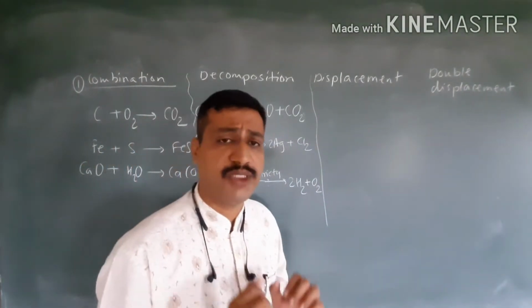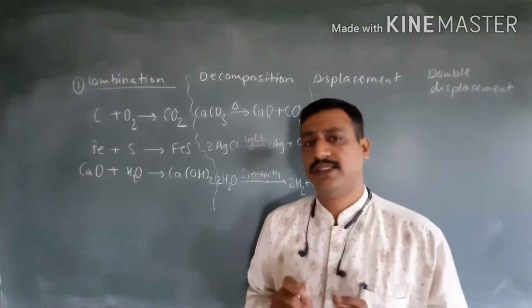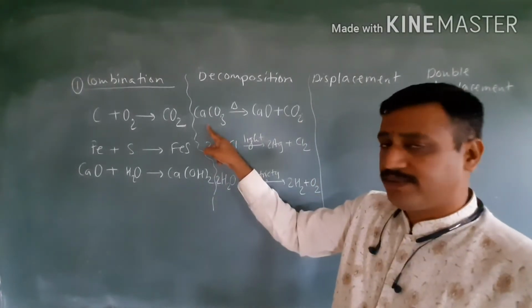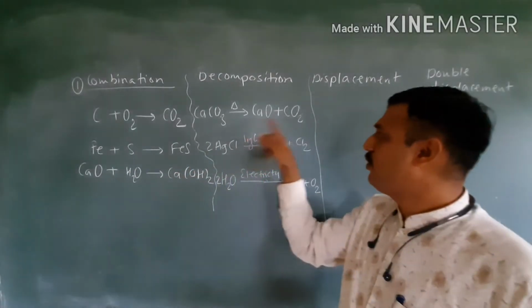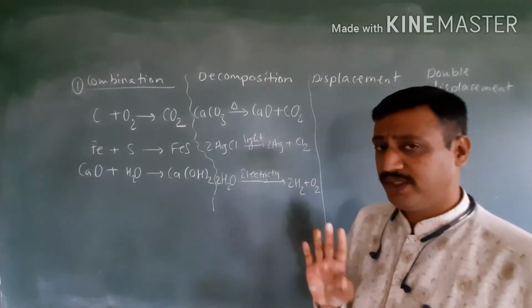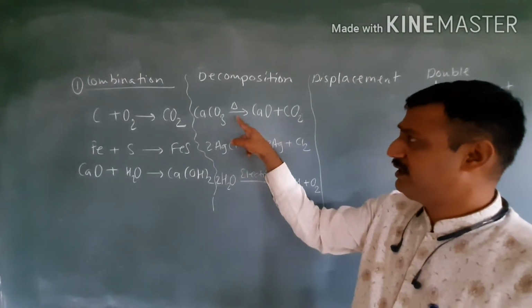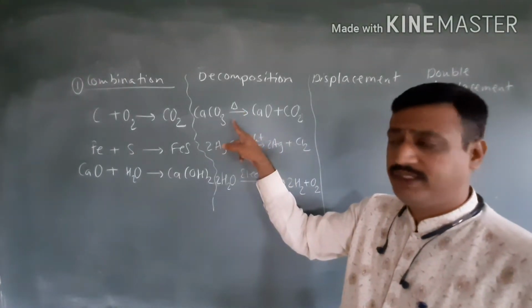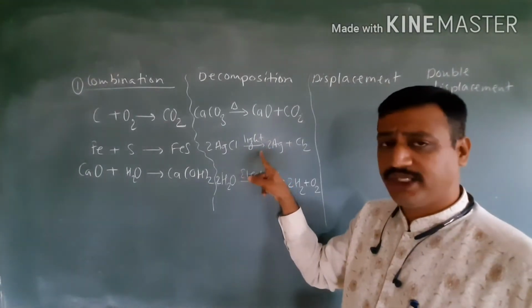So what are decomposition reactions? Decomposition reactions are the reactions in which a single substance decomposes, splitting up into two or more substances. And one more thing, if the decomposition is carried out with heat energy, it is thermal decomposition. If it is carried out with light energy, that is photo decomposition.